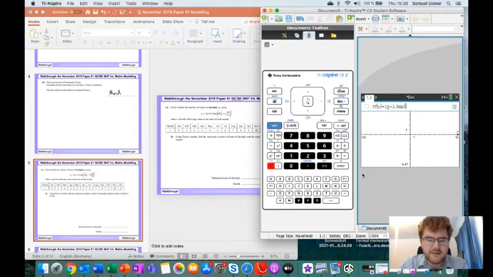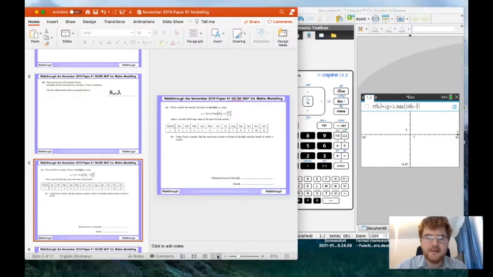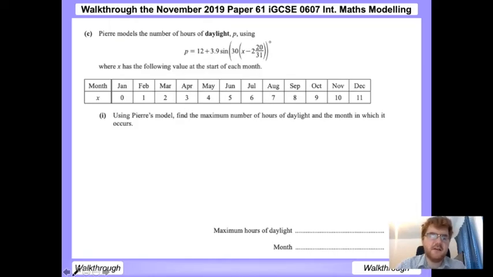And we're going to type this function in with one thing to watch out for. So open brackets, 30, open bracket, x minus. Now this is important here. If we just type in 2 and 20 over 31, like it is in the question, what the calculator will do is do 2 times 20 over 31. So before we type it into our calculator we need to convert this into an improper fraction.